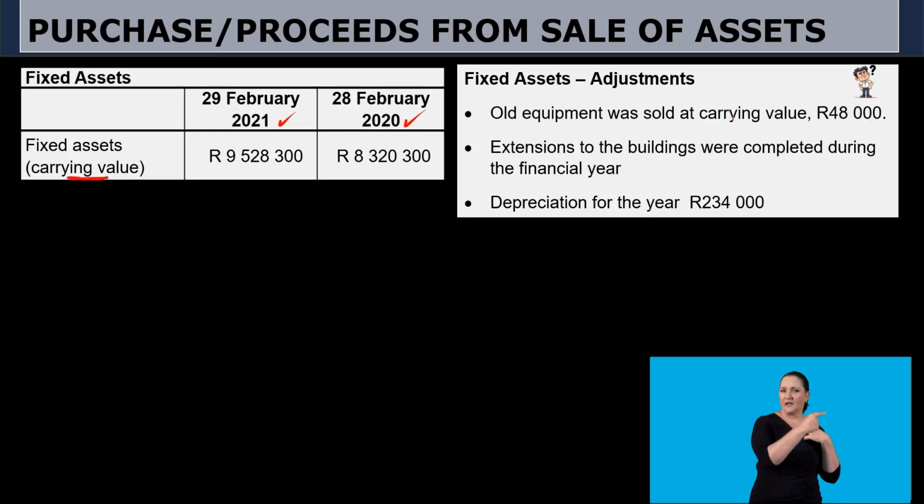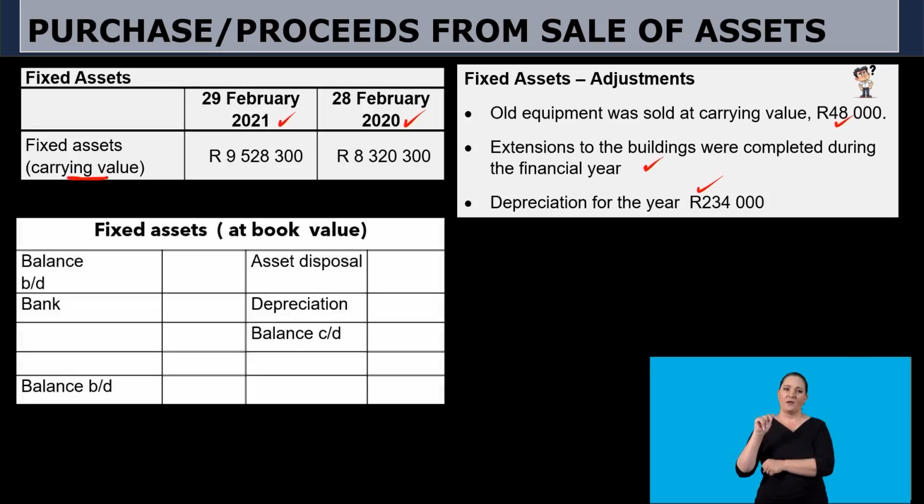Then we're told, old equipment was sold at carrying value, and we have extensions, and we also have depreciation for the year. Now, we're going to take all this information and calculate the assets that we have acquired. You can see here, we are not being told whether it's vehicles or it's equipment. So it is all our fixed assets in here.